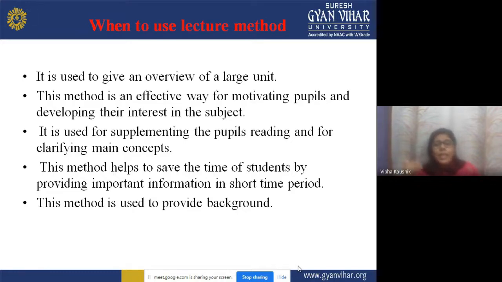So they are saying that in comparison to other methods employed during the teaching learning process, the lecture method saves the time of students by providing important information in a short time duration. This method is used to provide background.